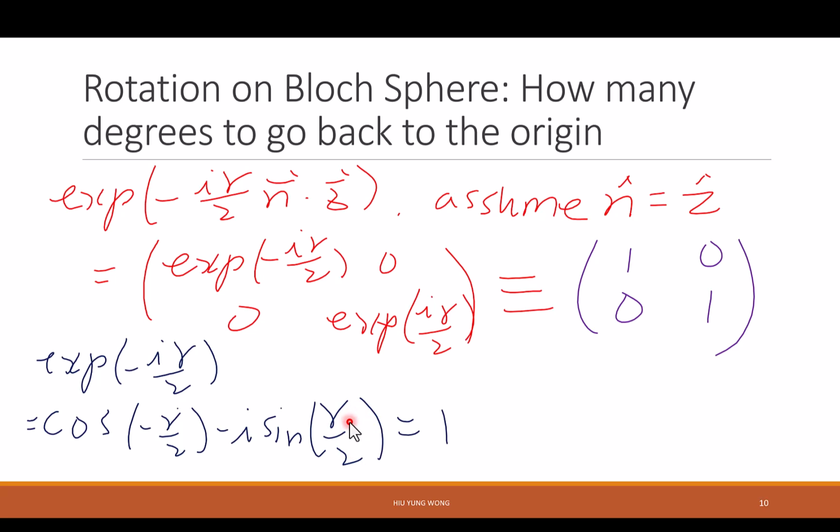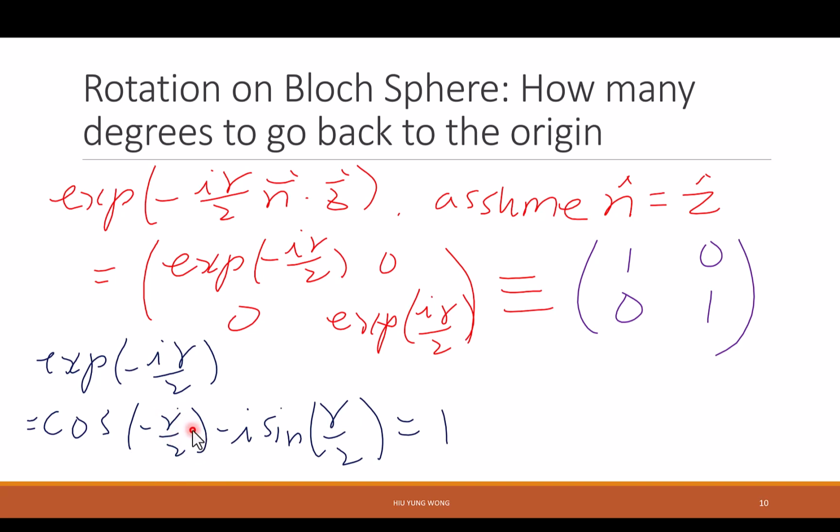But there's no rotation. Of course, if I don't rotate, it's equal to myself, 1. Then what else? Pi. But pi makes the cosine become 0, right? Then you have i. So you need 2 pi. Correct? But if you make this 2 pi, what is the number here?